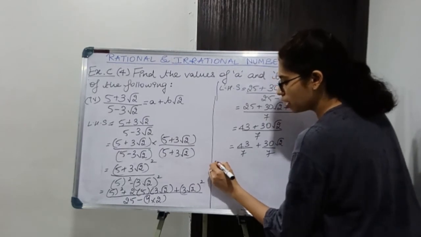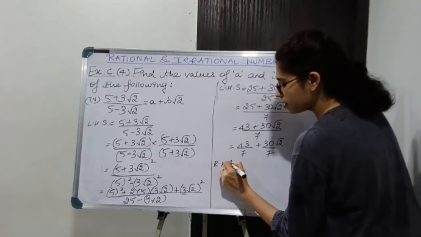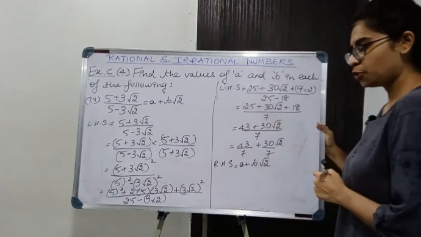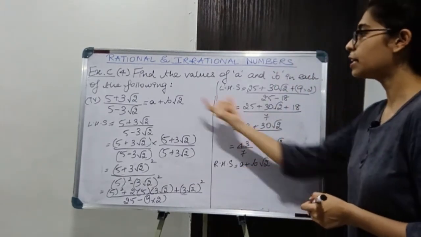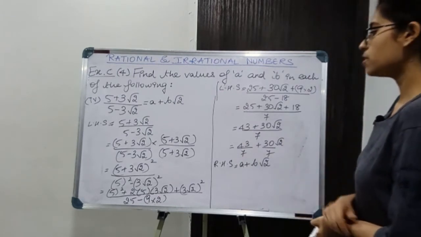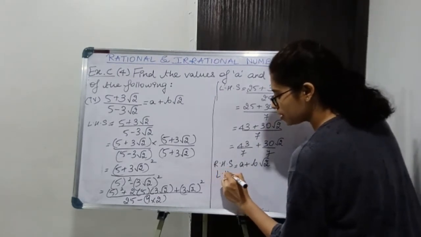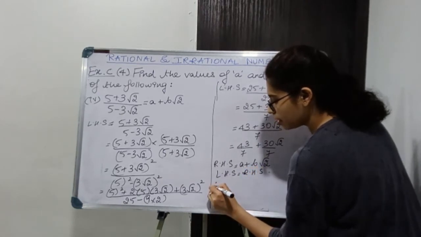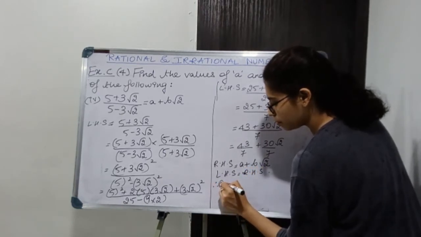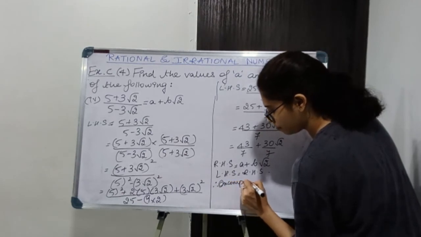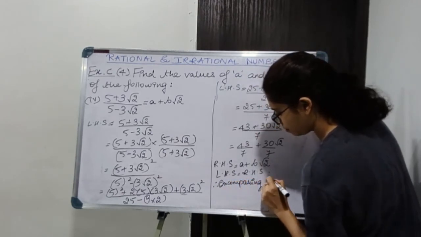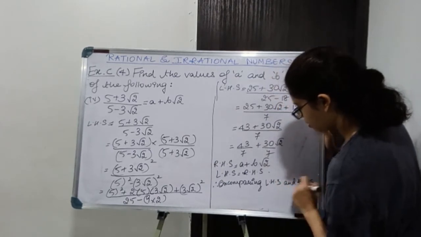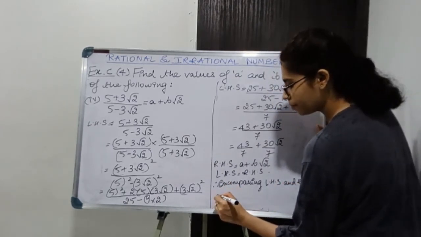Now RHS is a plus b√2. I have separated this so that I can compare it with the RHS. Now LHS is equal to RHS. Therefore, on comparing LHS and RHS, what do we get?